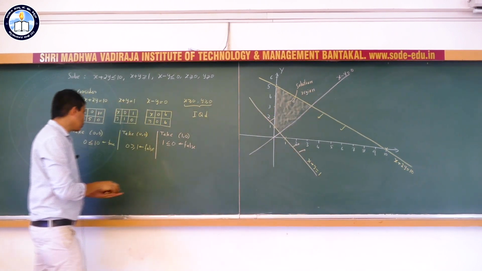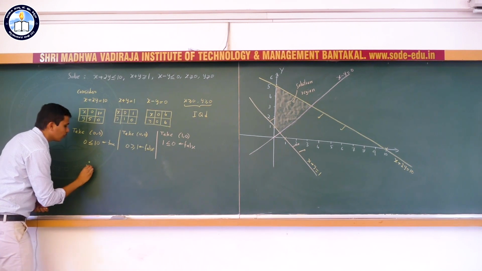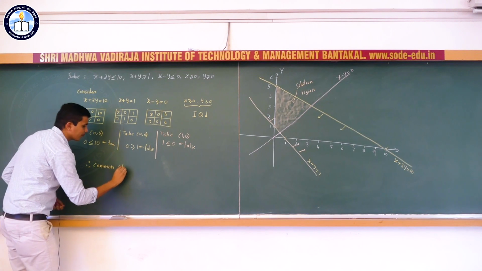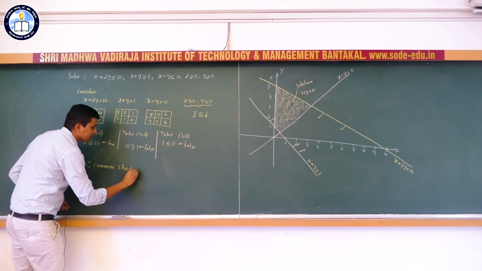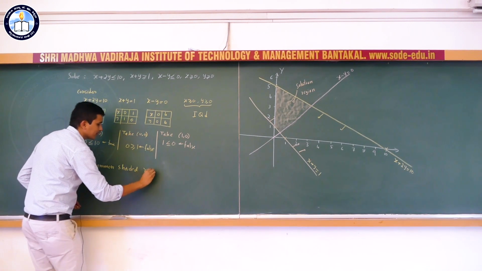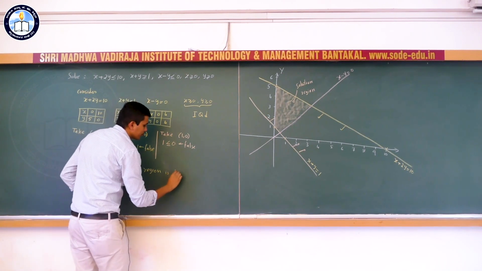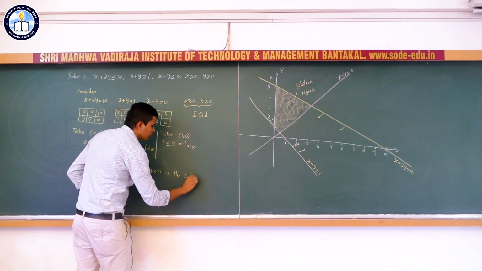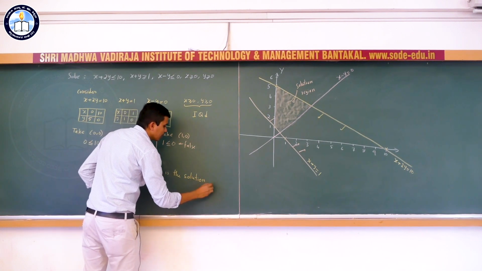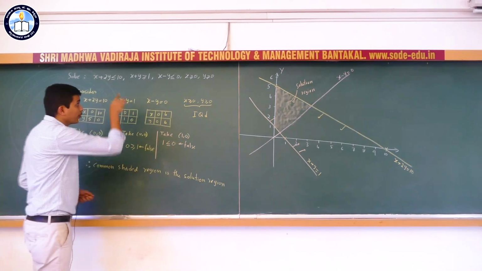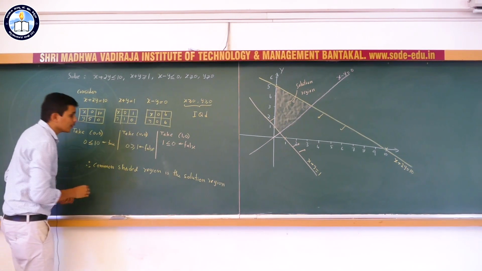So how can I write the conclusion part? It is therefore the common shaded region is the solution region. Including or excluding? Including, everywhere it is greater than or equal to, less than or equal to, right?